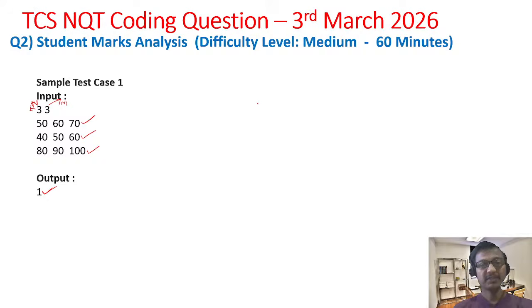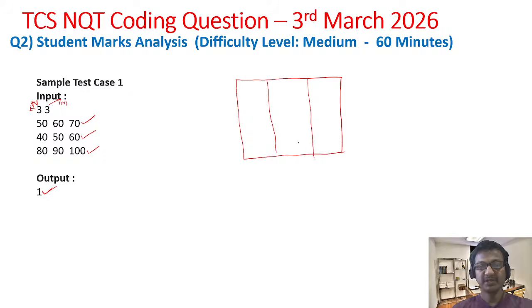First, let us represent these marks in the form of a two-dimensional array. Assume this is our two-dimensional array, 3 rows and 3 columns. Each row is indexed 0, 1 and 2, and the columns also have indexes 0, 1 and 2.